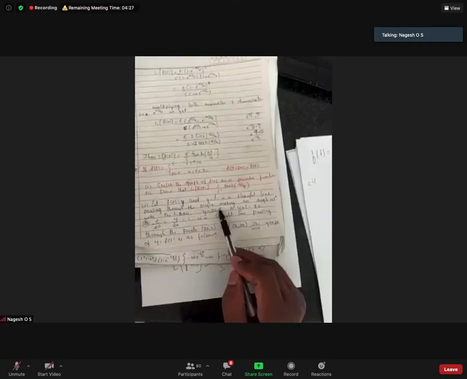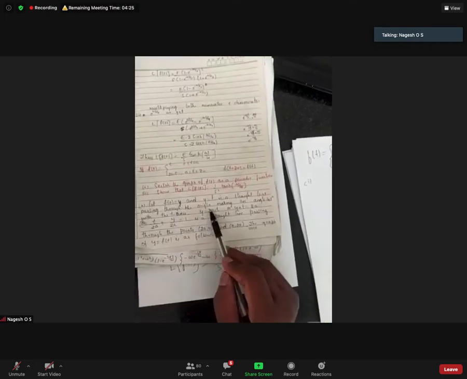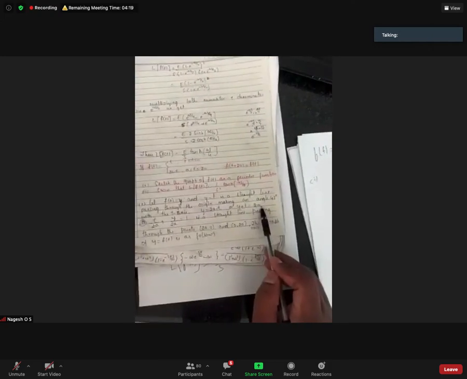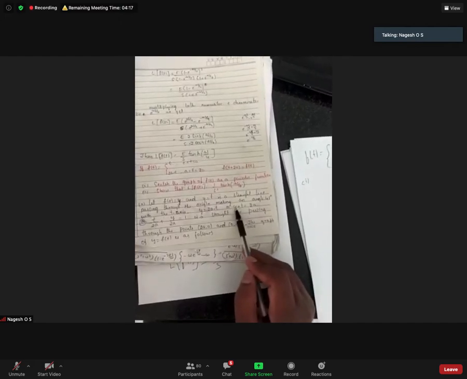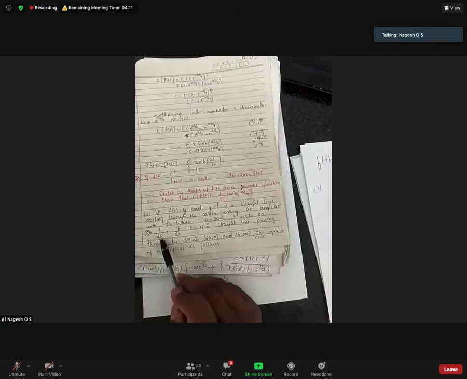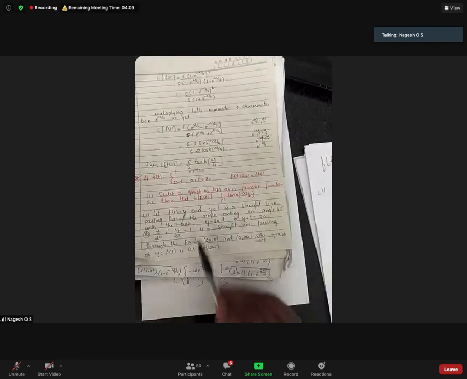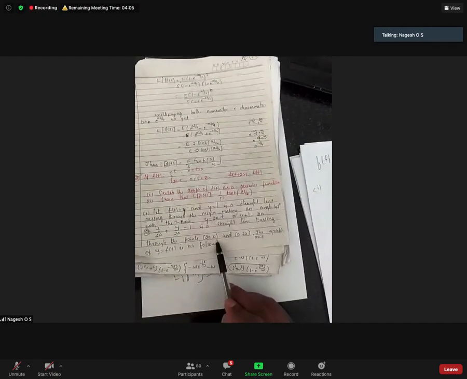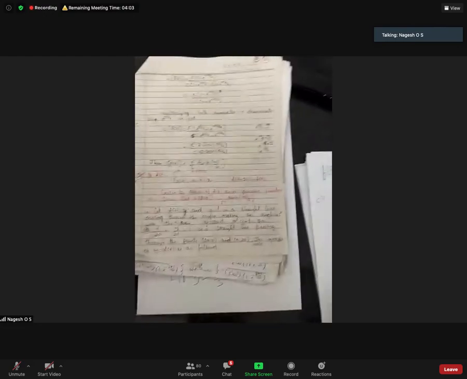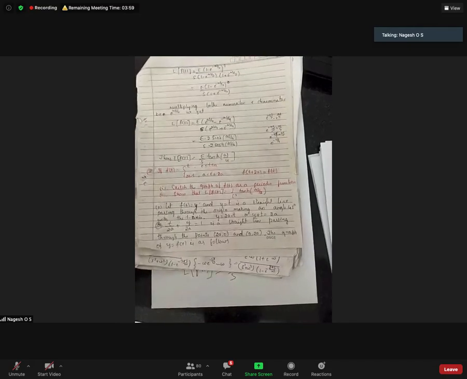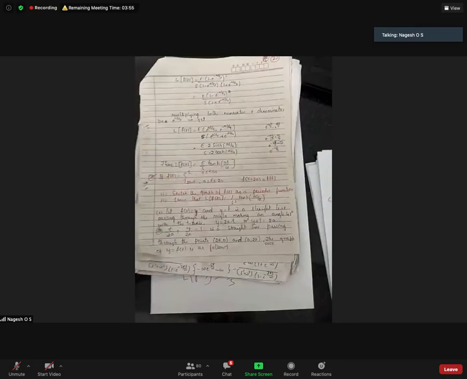Take this t to this side, so that will be y plus t equals 2a. Divide both sides by 2a. So this will be t by 2a plus y by 2a equals 1. It is a straight line passing through the points (2a, 0) and (0, 2a). Correct? It is like x by 2a plus y by 2a.